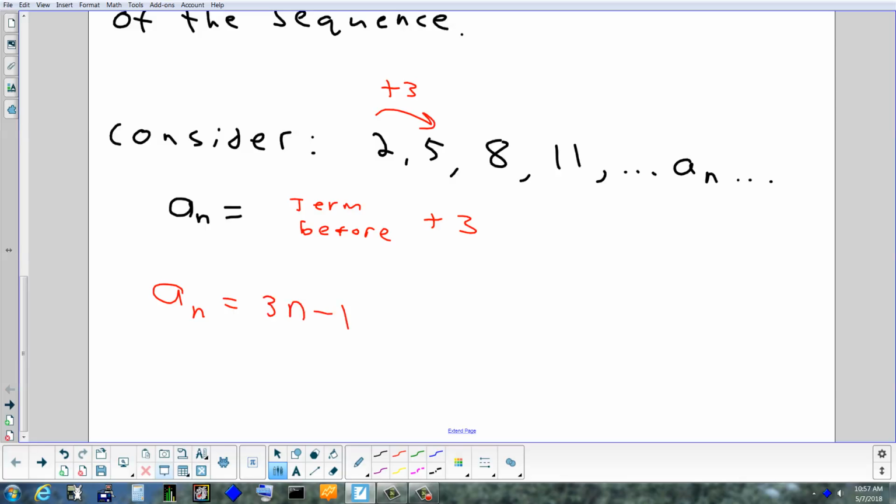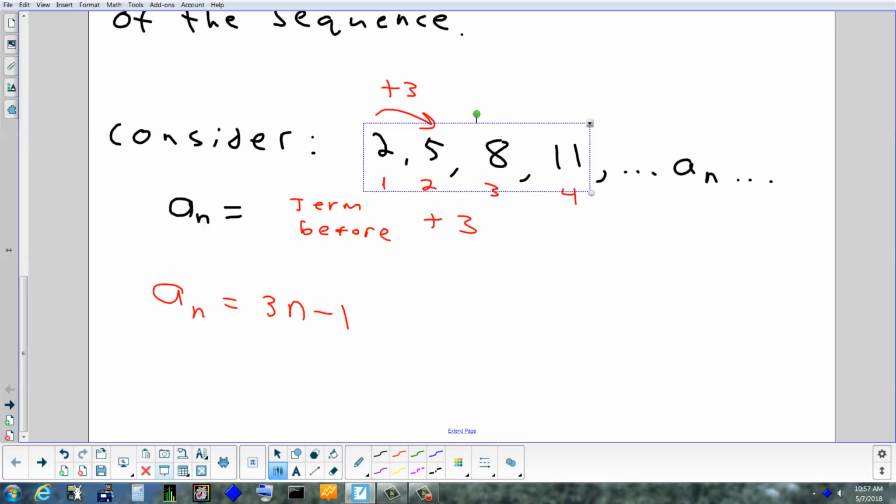This is the first term, the second term, third term, fourth term. If you take 4 and triple it, what do you get? 12 minus 1? 11. If you take 3 and triple it, you get 9 minus 1 is 8. If you take 2 and triple it, 3 times 2 is 6. 6 minus 1 is 5.